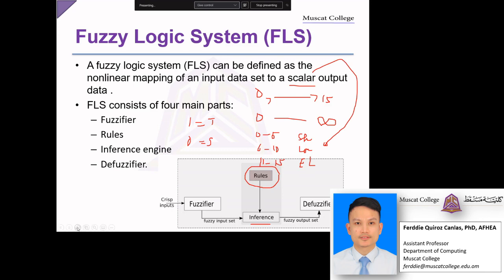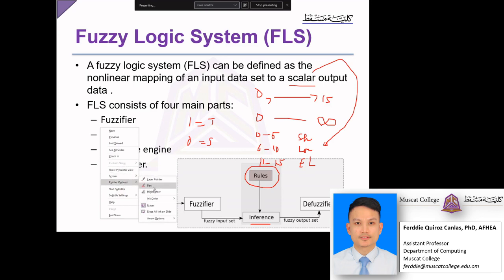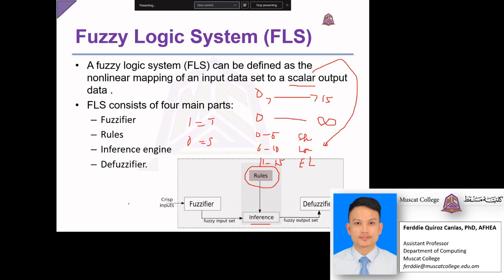Let's say, for example, 6'5", which is a height, correct? 6 feet 5 inches, or it could be 100 meters, or 1 kilometer, or 1000 OMR.